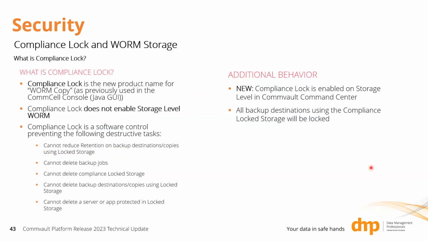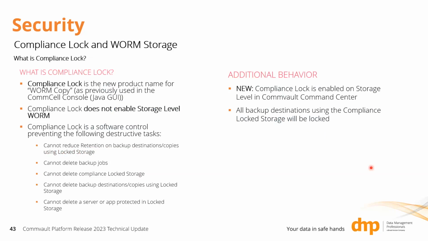So compliance lock is the previous warm copy. That was only available in the Java console, not in the command center. Now the compliance lock is enabled through the command center. I'm not sure if everybody knows what the compliance lock does, but it makes sure that the retention cannot be reduced on a storage policy copy.